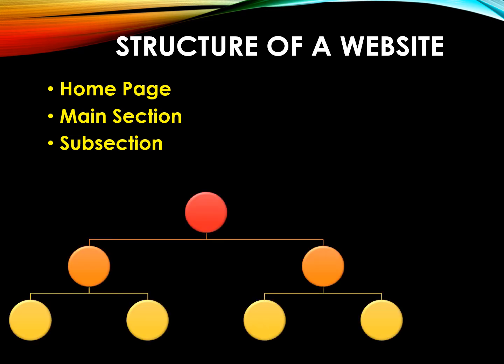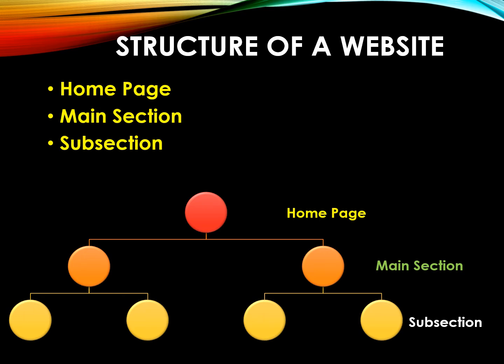If you see the structure of this, look here, at the top we have the home page. The home page, for example, is our school address website. Under our school website we have the main sections. We may have the admissions, the history, the colleges. Likewise we have this main section part with its content.